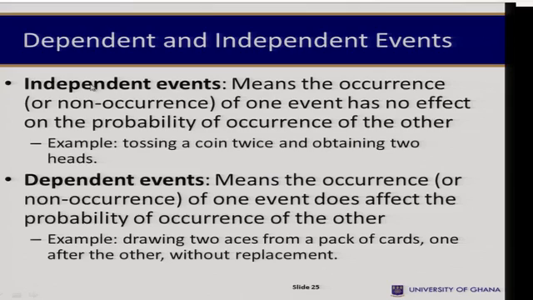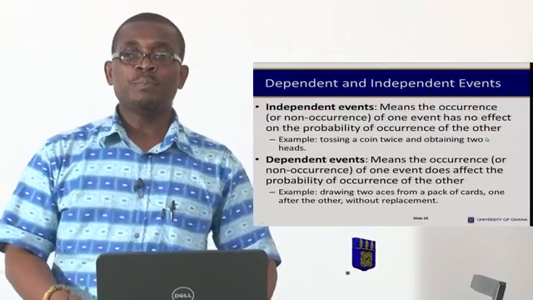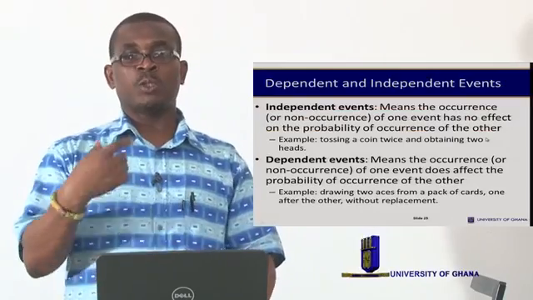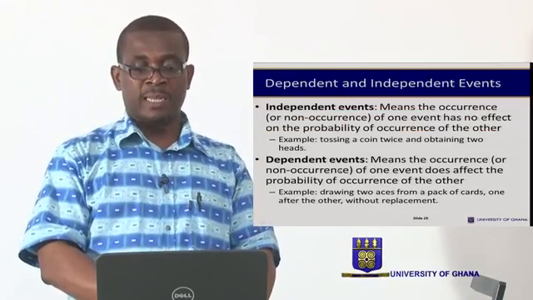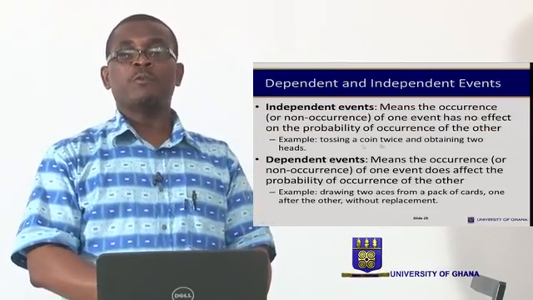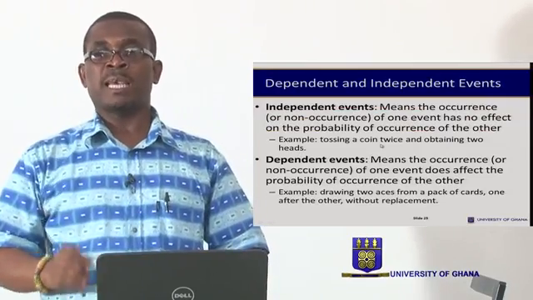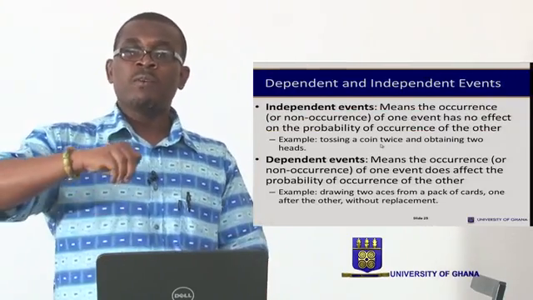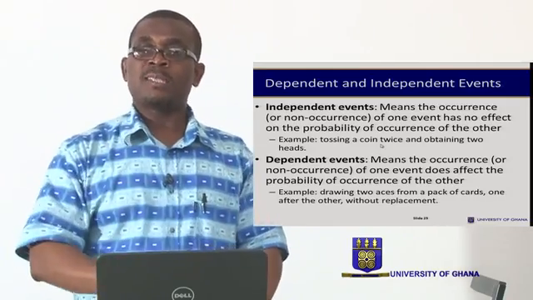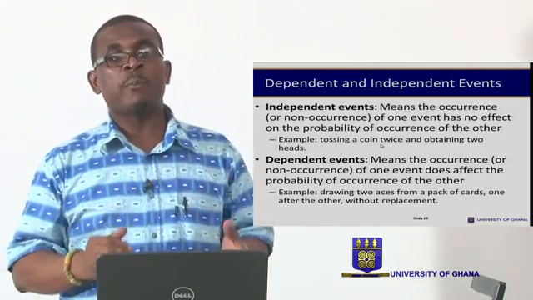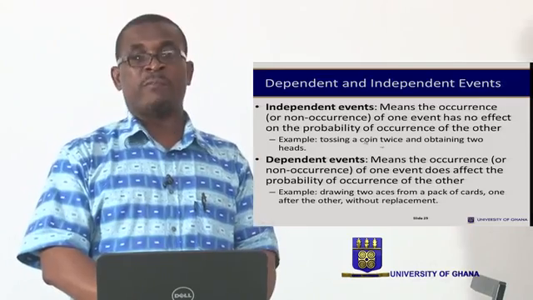Or the occurrence of one event has no effect on the probability of occurrence of the other. So, for example, tossing a coin twice and obtaining 2 heads. When you toss a coin once, as we saw, the probability of head is half. But if you toss it again, the probability is again half. So, the probability of having a head on the second toss is not influenced by whether or not a head appeared on the first toss.